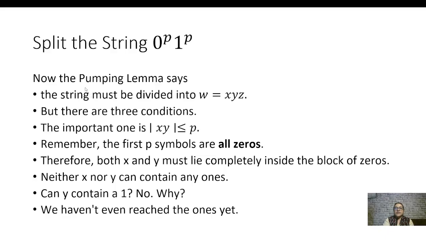Neither X nor Y can contain any ones. So can Y contain a 1? No. Once we have all the zeros in XY, we won't have any 1, and because the length of XY is less than or equal to p, we haven't reached the ones yet.